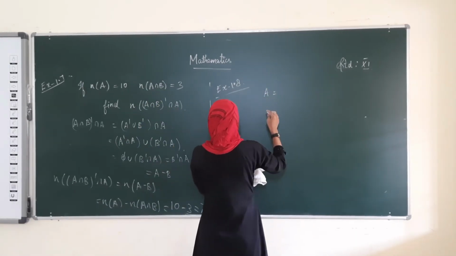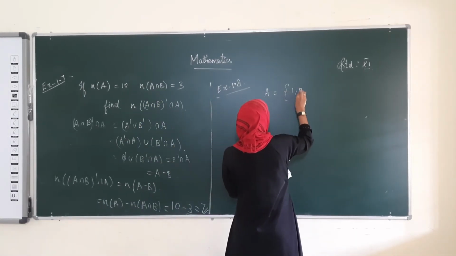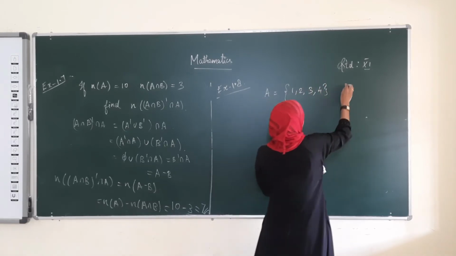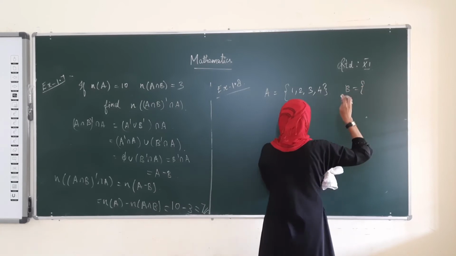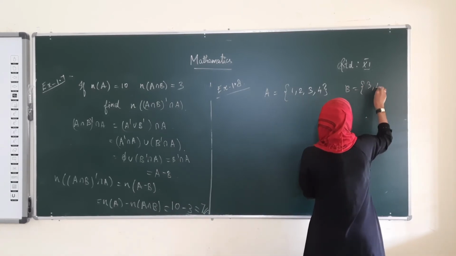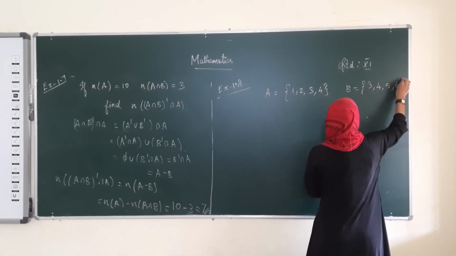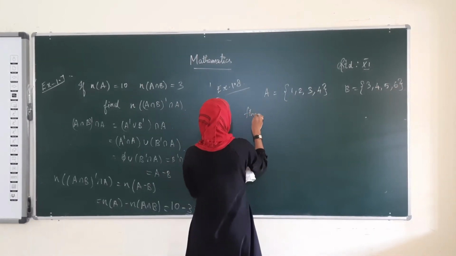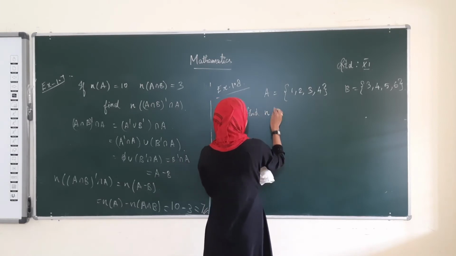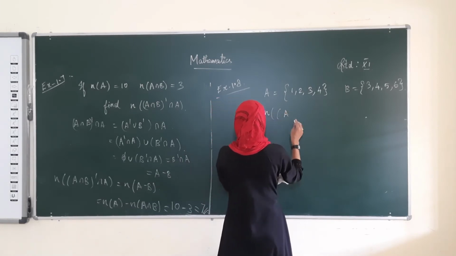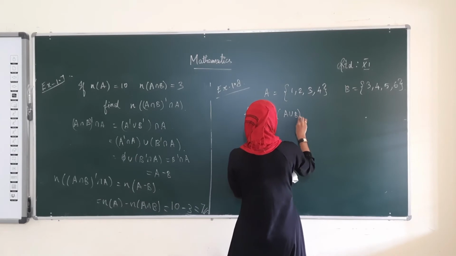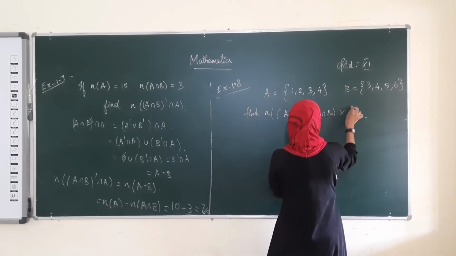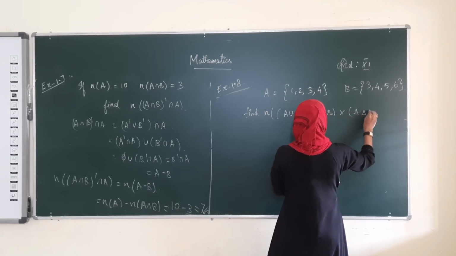If A is equal to {1, 2, 3, 4} and B is equal to {3, 4, 5, 6}, we have to find n of (A union B) cross (A intersection B) cross (A symmetric difference B).